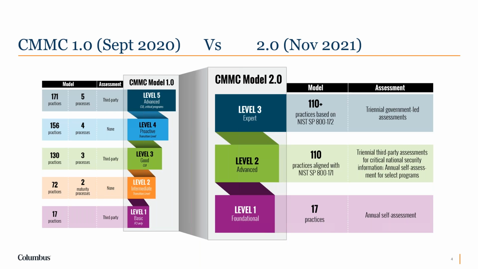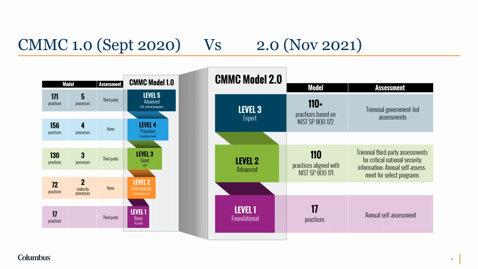So November of 2021, they came out with CMMC Model 2.0, which is now a 3-tiered level, and it is really based on level 1, what they're calling the foundational level. That is something that anyone can do. It's mostly self-assessments and that sort of thing, getting yourself prepared.